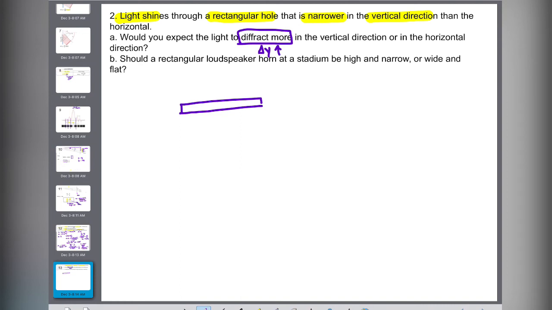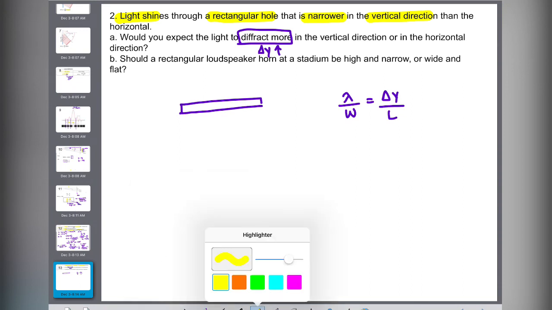The equation is lambda over w equals delta y over L. L is the screen, that's a constant. The wavelength of light, we're not changing. We are trying to look at the relationship between delta y and w, because w is basically what we're looking at.